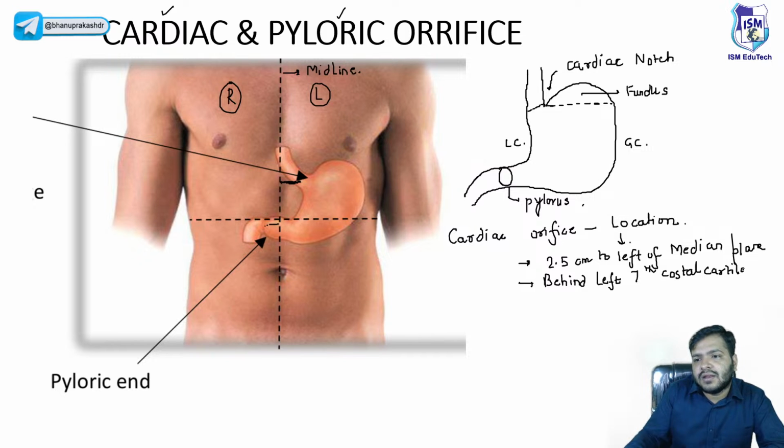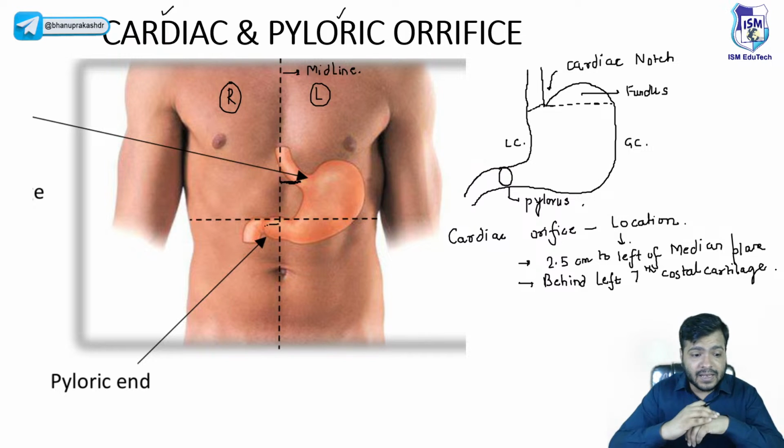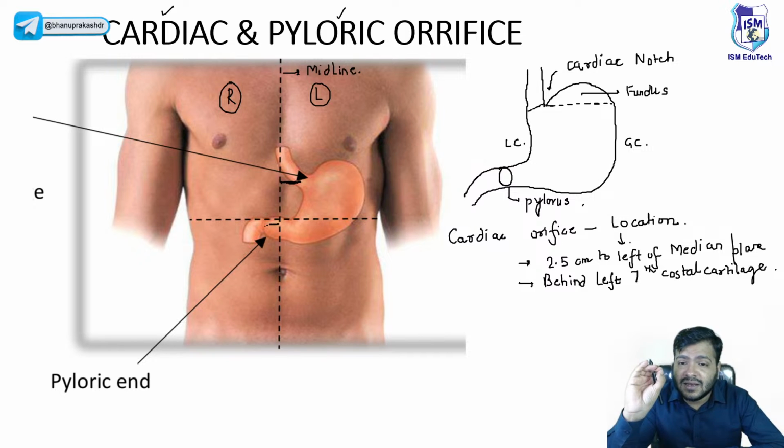Beta, you already know there are 12 pairs of costal cartilages, but the last costal cartilage that is attached directly to the sternum is the seventh costal cartilage.